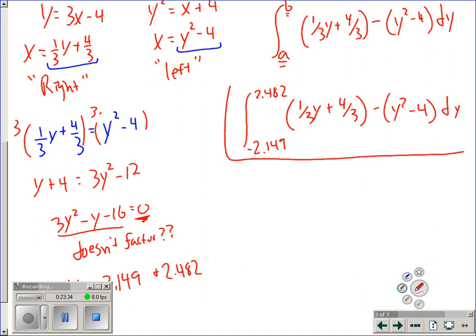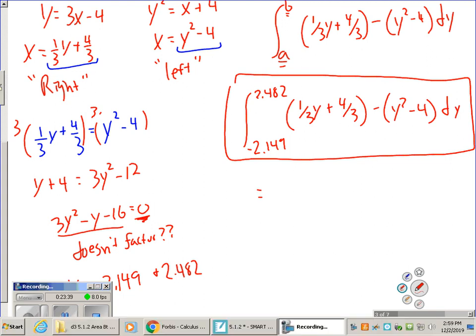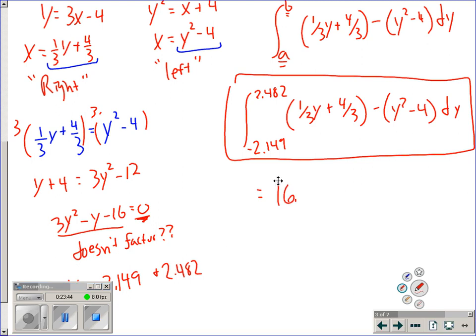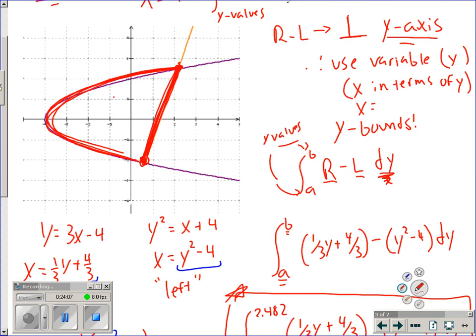I literally typed this in the calculator with my interval, and what I got was approximately 16.551. Again, I typed this in exactly like I did in the calculator. It's okay in the calculator, I made my y's x's. You don't have to keep it as y in the calculator. If you put it as x's, it'll do it for you the same way. So that 16.551 was this area right here.